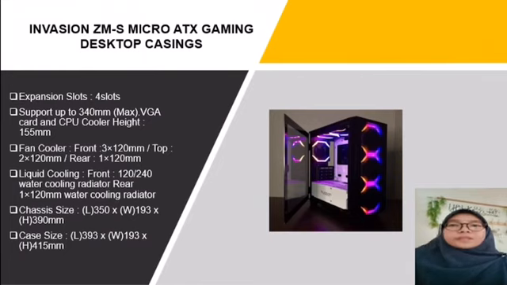There are 4 expansion slots in this desktop case. This desktop case supports up to 340mm maximum VGA card length and a CPU cooler height of 155mm. The fan cooler at the front is 3 x 120mm, top is 2 x 120mm, and rear is 1 x 120mm.